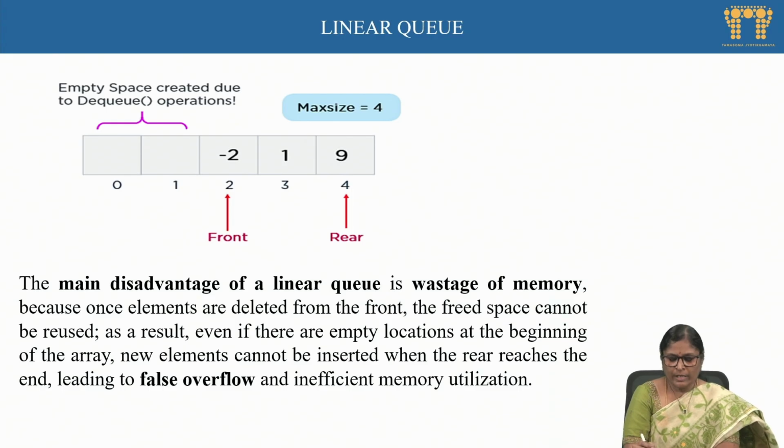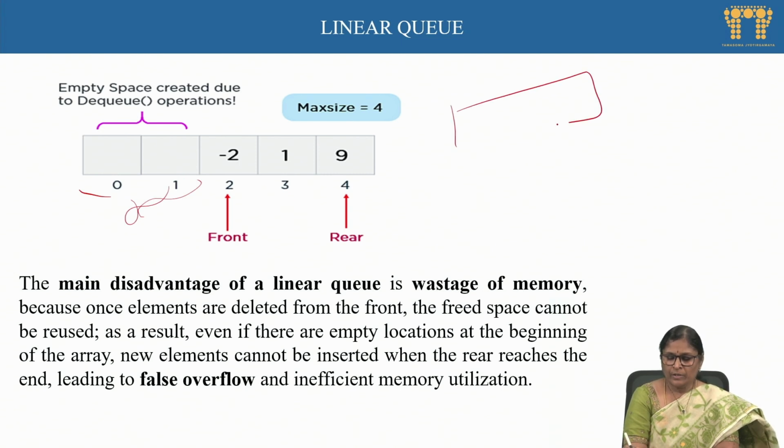And what is the disadvantage of this linear queue? Whenever the front is here and the rear is over here, right? So some amount of space is left over here which is not utilized further. So this is the main disadvantage. Memory is wasted in a linear queue.